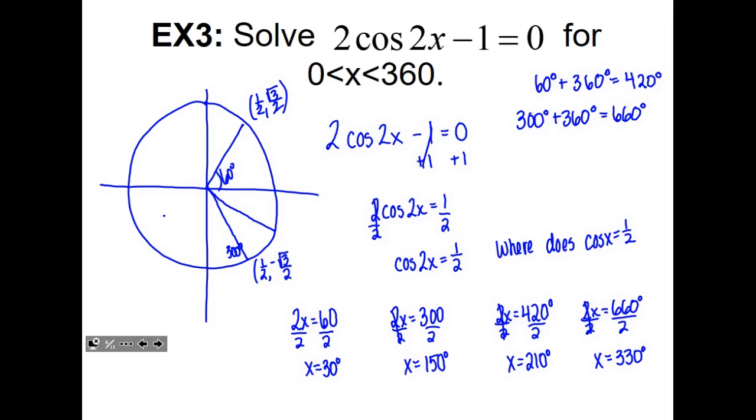Now, I could keep going. I could take 420 and I could add 360. Let's see, that's going to give me 780. If I take half of 780, is that between 0 and 360? It's going to be 390. So that's too big, right? So we would stop here because 390 is going to be too big.